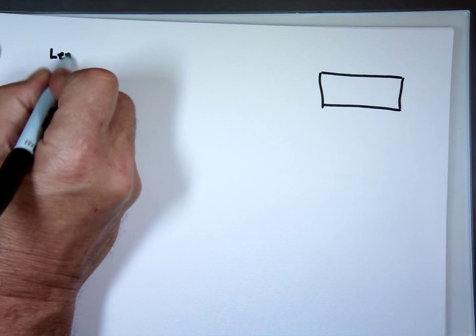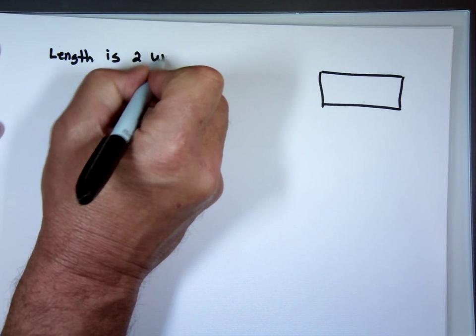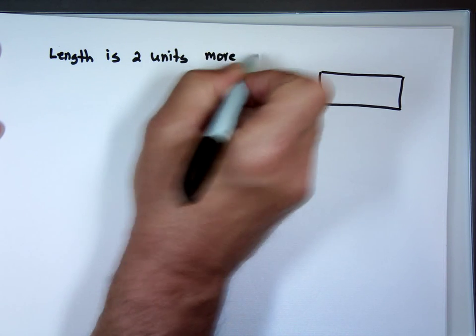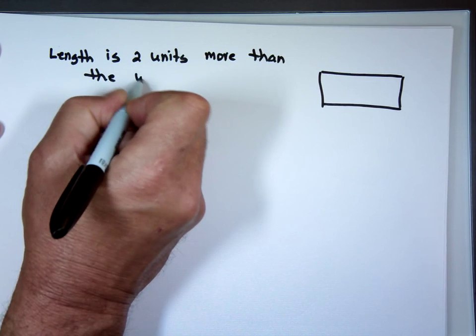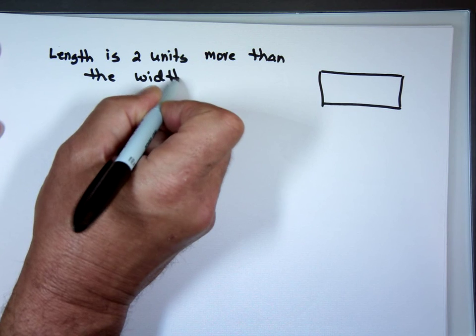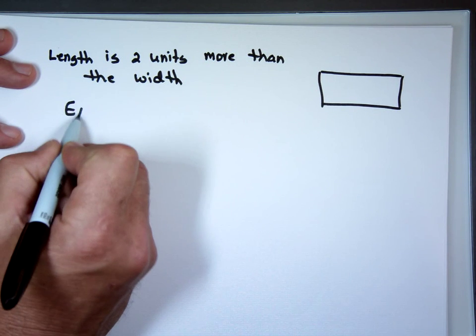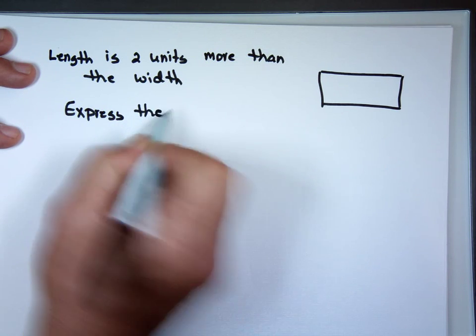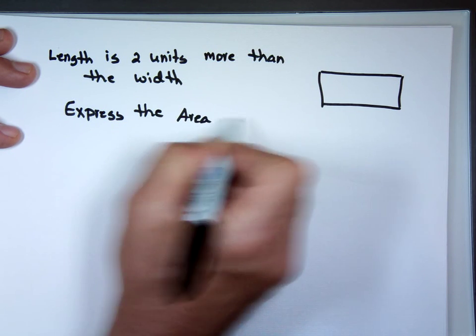The length is 2 units more than the width. I want you to express the perimeter, or the area, whatever you want. Let's do the area. Express the area as a function of x.